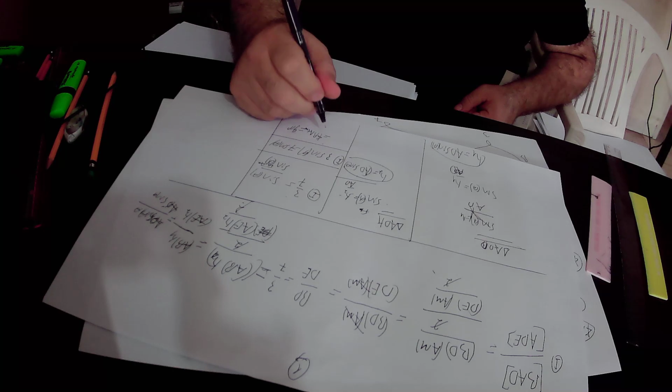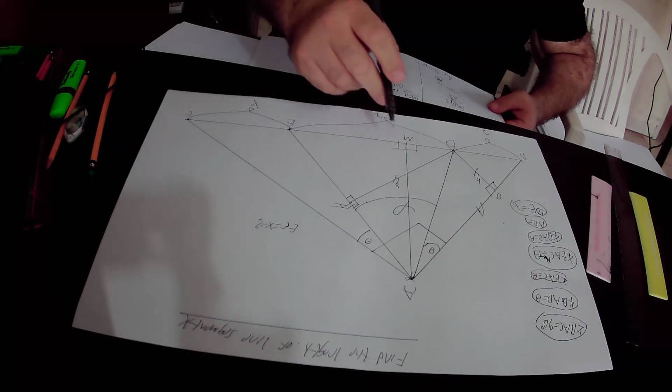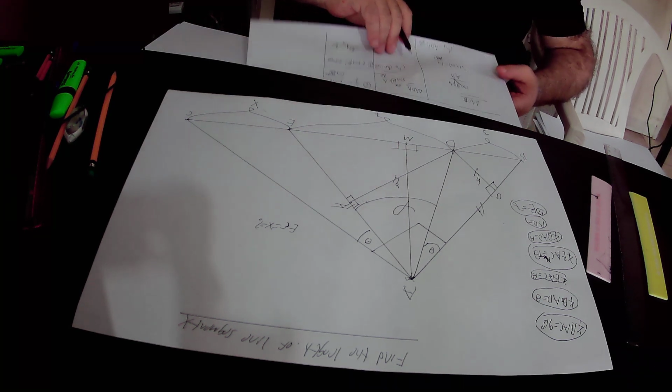But from the other side, the big angle BAC equals theta plus alpha plus theta, that is actually 2 theta plus alpha.